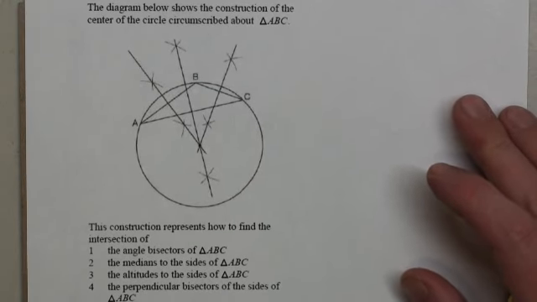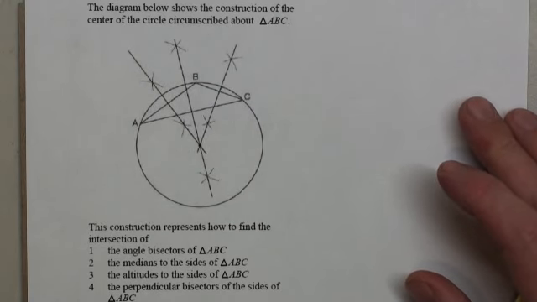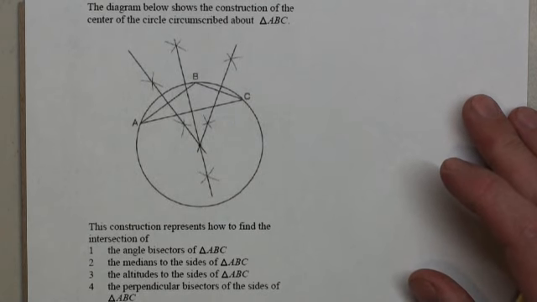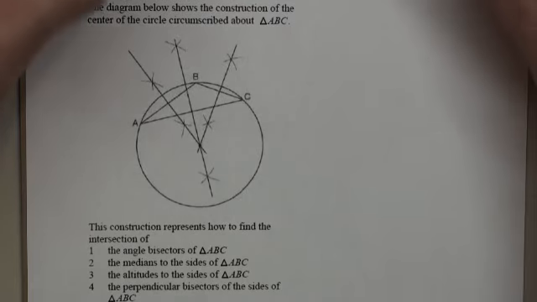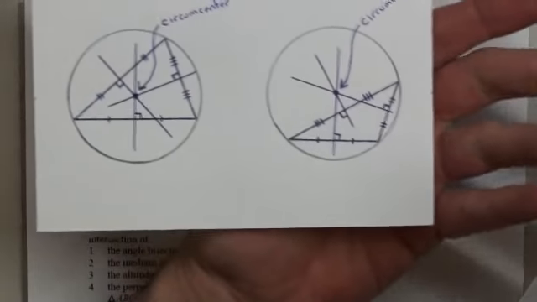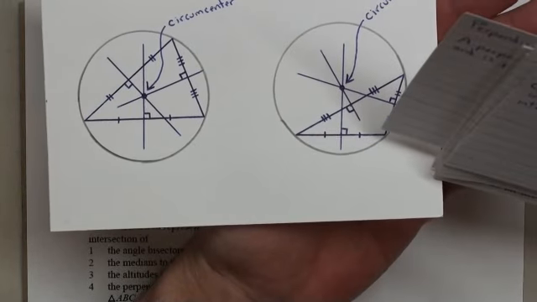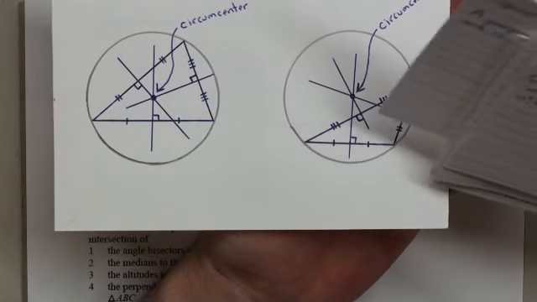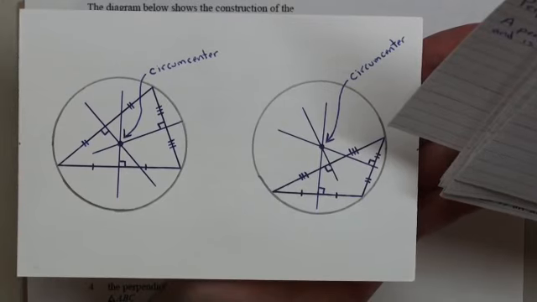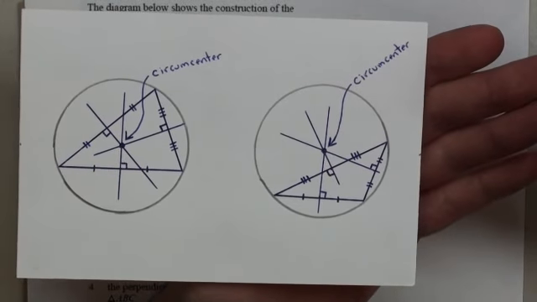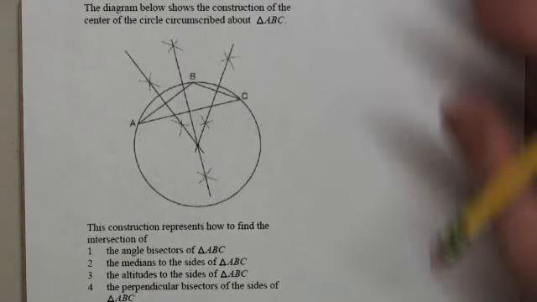The diagram below shows the construction of the center of the circle circumscribed about triangle ABC. So remember, when a circle circumscribes a triangle, we're going to be talking about the circumcenter. Well, let's see what the problem asks us.